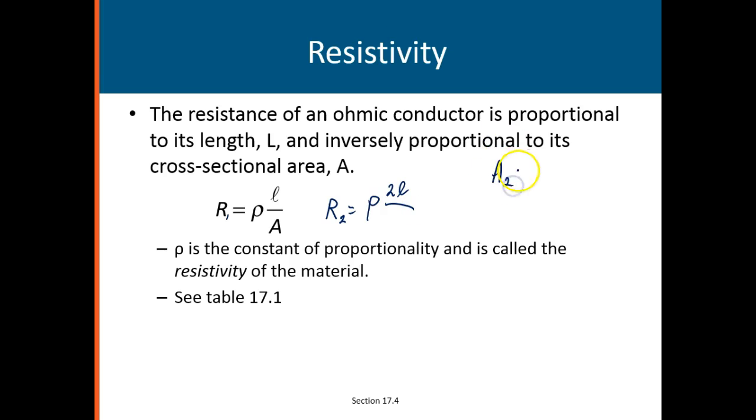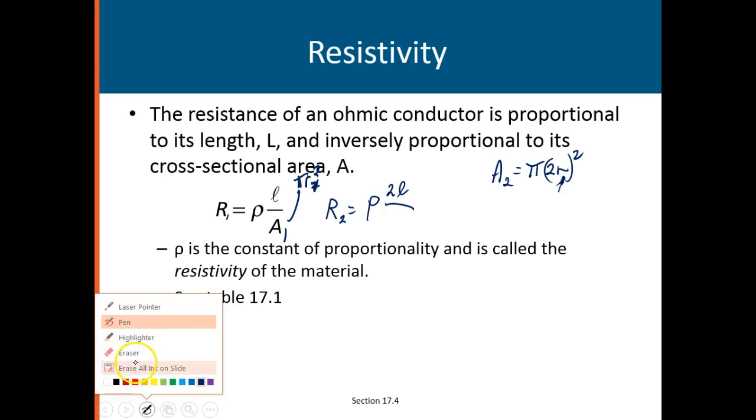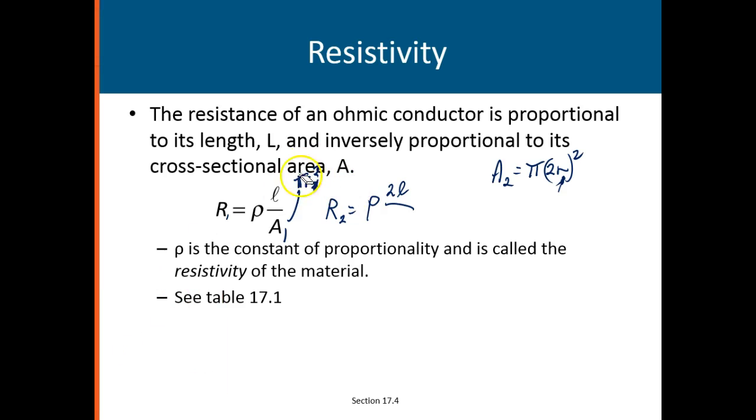The second area is pi times 2R squared, whereas A1 is pi times R squared. Okay. Because we're doubling the radius. Pi R squared, and this is pi times 2R squared.